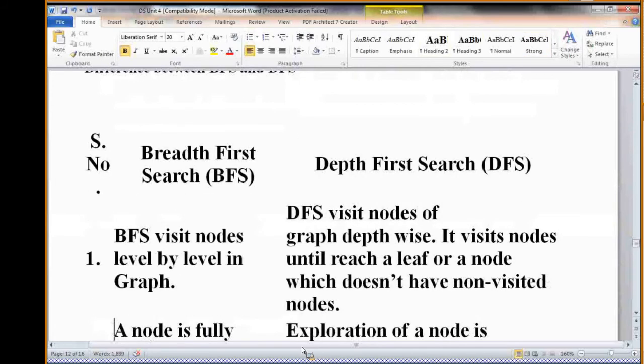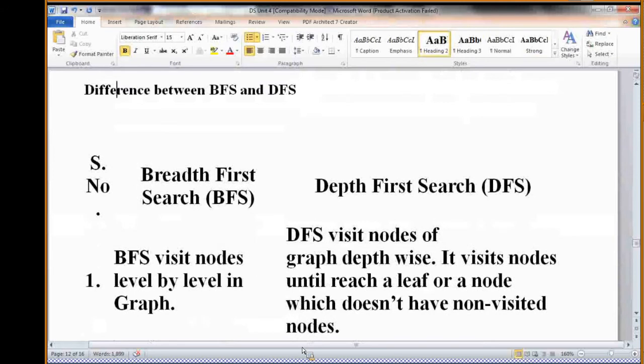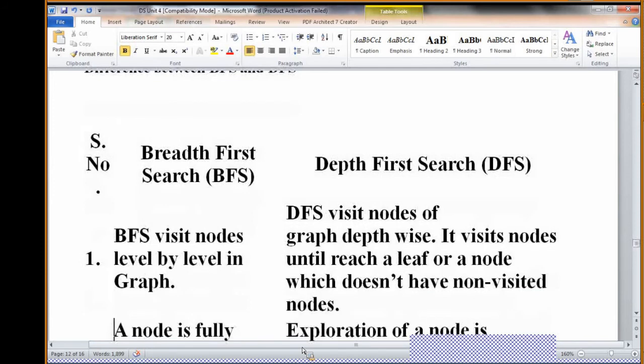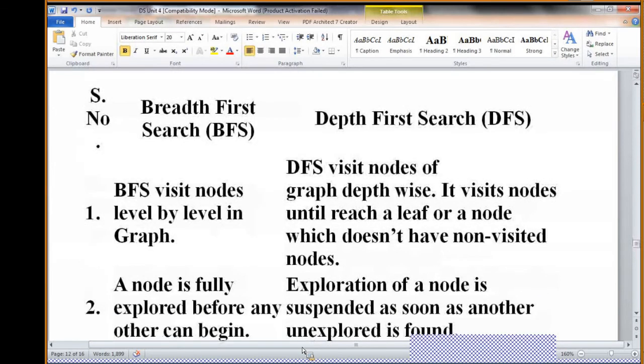Now we will see the difference between BFS and DFS. BFS visits nodes level by level. DFS visits the nodes depth wise, and it visits nodes until it reaches a leaf or a node which doesn't have non-visited nodes.